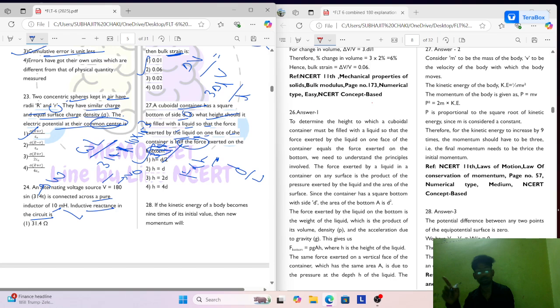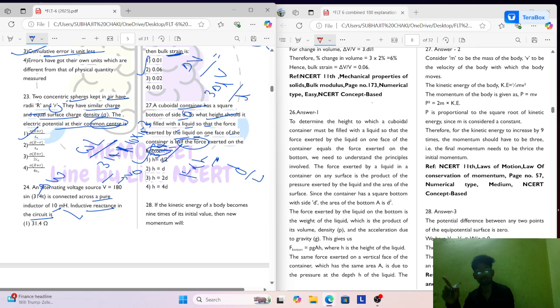The angle is not pi by 2, it is 2 pi. So in the question it will be 2 pi, right? Just put the values in the formula as I told you.